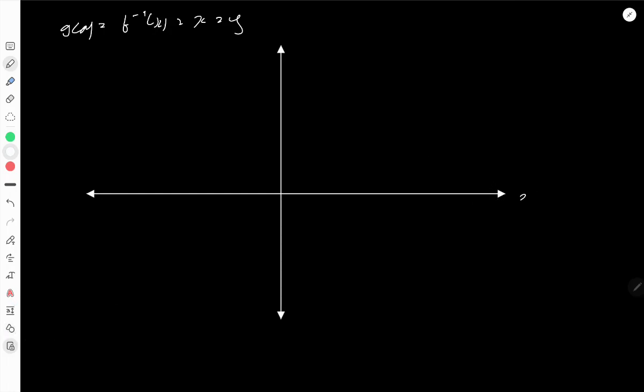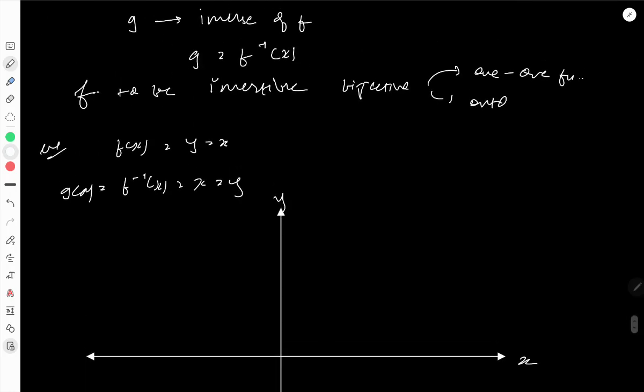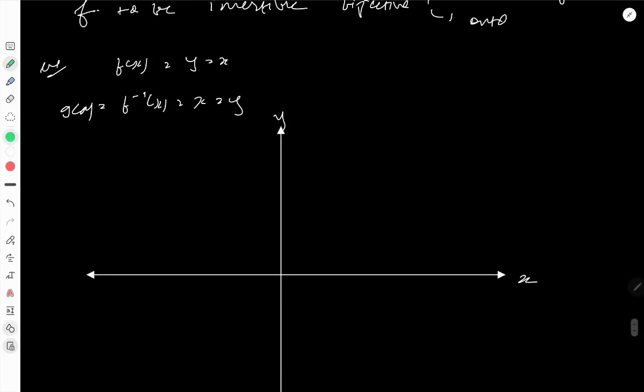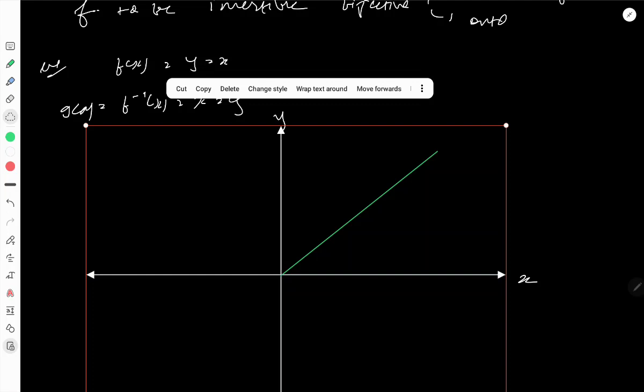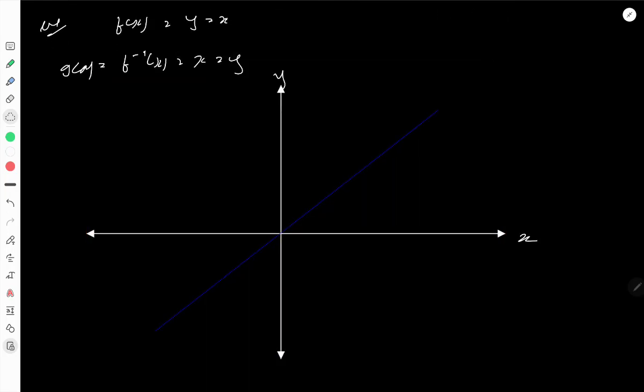So this is the x-axis, this is the y-axis. Now y equal to x, we all know that line, so I'm drawing that line as it is. I'm extending this line backward, and I'm writing y equal to x, and now x equal to y.